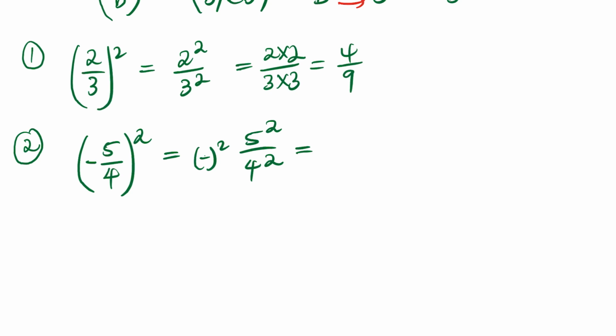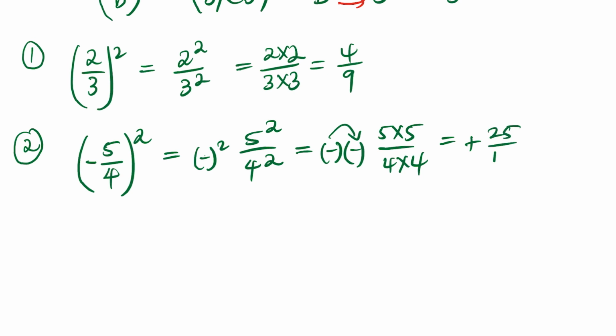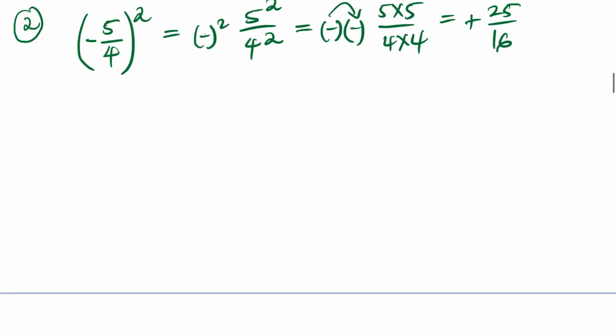Negative times negative is positive, and 5 times 5 is 25, and 4 times 4 is 16. I hope that makes sense, guys.